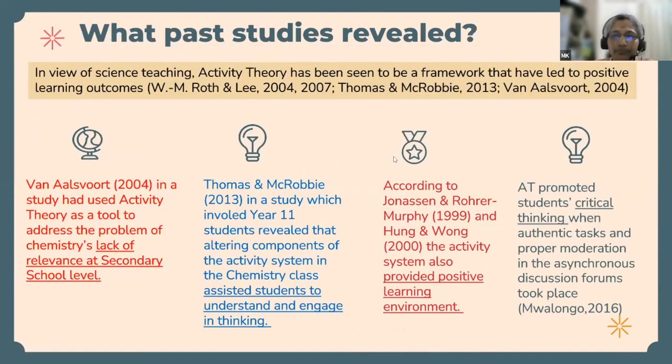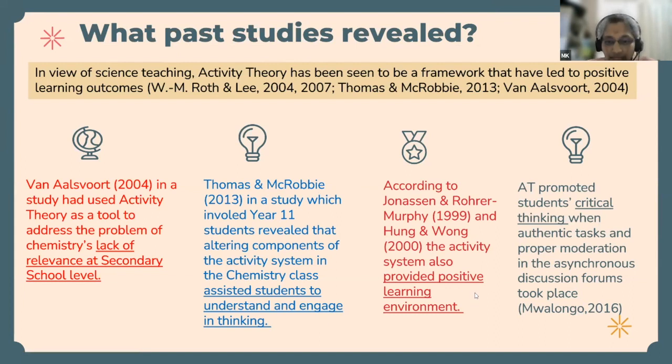And specifically on chemistry, activity theory has also been used by Halswood, who has talked about employing activity theory to increase the relevance of secondary level chemistry. Thomas and McRobbie said that activity theory assisted students to understand and engage in thinking.